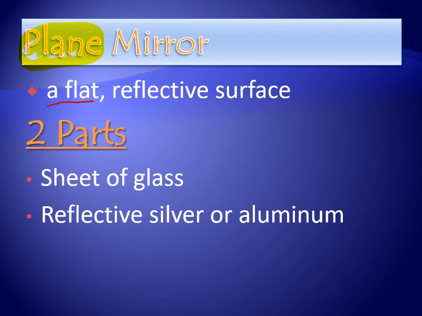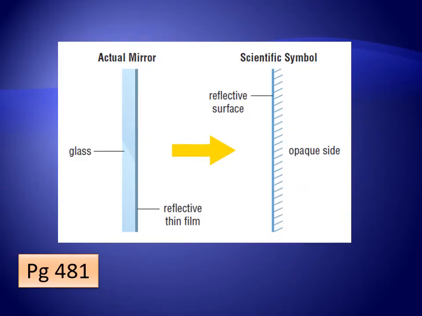So there's two parts to a plane mirror. There's a sheet of glass that acts as that transparent substance that allows the light to actually travel through it. And then behind it, there's a reflective silver or aluminum sheet that is opaque that allows the light rays to actually bounce off of it. This is what it looks like. So this is an actual plane mirror. So here's your glass. And your glass is important because it's transparent, right?